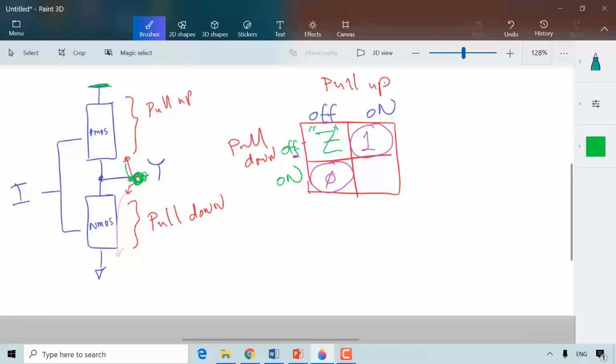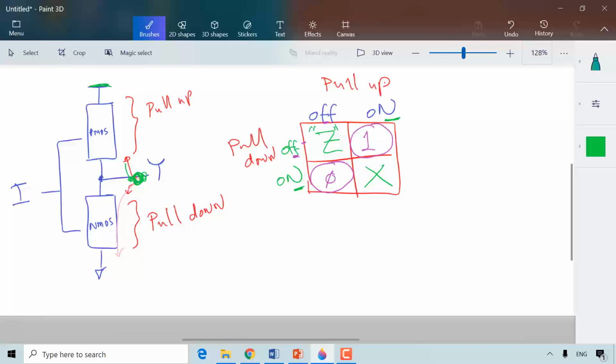And what about when both the pull-up and the pull-down are on? We get into the case where we are short-circuiting VDD to ground. This is called a crowbar current, and this is a case we try to avoid in CMOS, because CMOS is supposed to have minimal power dissipation, and in this case it dissipates power unnecessarily because the output is not determined.